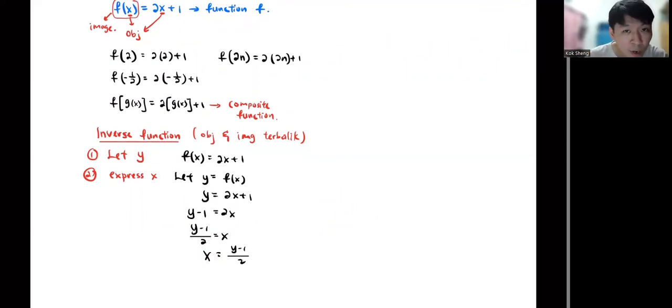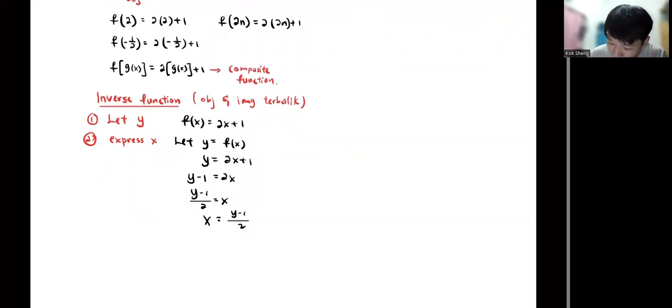So the last step here, you have to write down, of course, the symbol, f negative 1. You can see how I write this one from the f(x) here. Again, this is your object, but after inverse it is balik, right? The object becomes y.